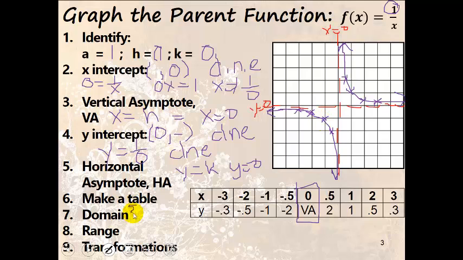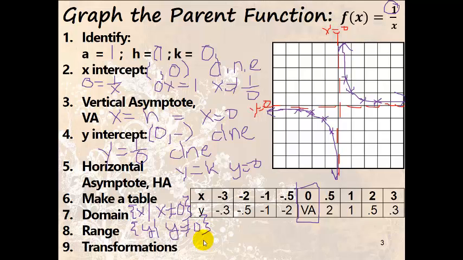So we're going to write all x's such that x, and then we're going to eliminate what it can't be. x cannot equal 0. It can be anything else, but it can't be 0. Okay, and we're going to do that same thing with the range, all y's such that y cannot equal 0. Okay, y cannot equal 0.